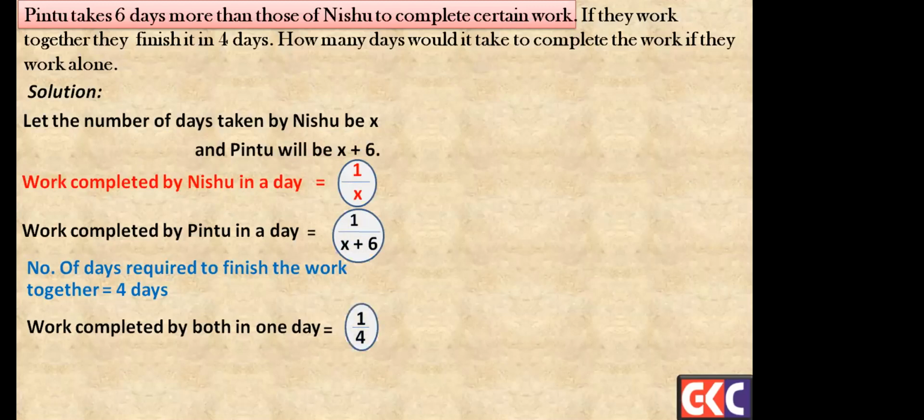So do we have any relation between these three? 1/x and 1/4, there must be some relation. Work completed by Nishu and work completed by Pintu in a day: if I add these two people's work, then I'll get the work completed by both of them together.